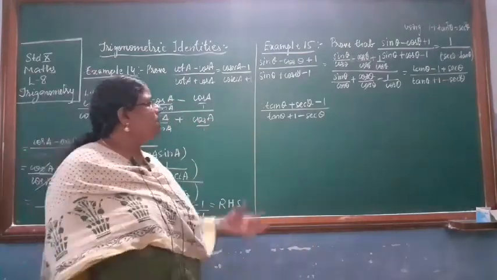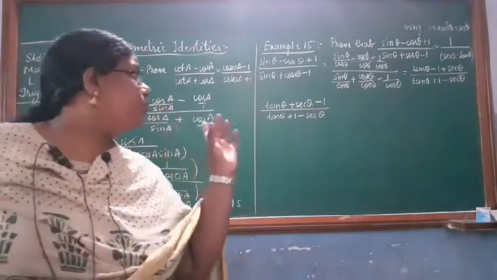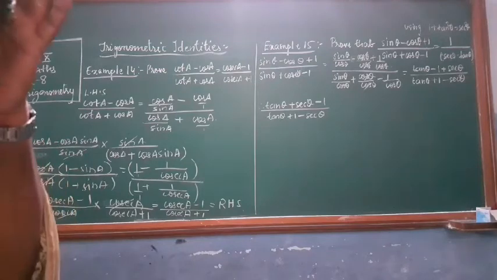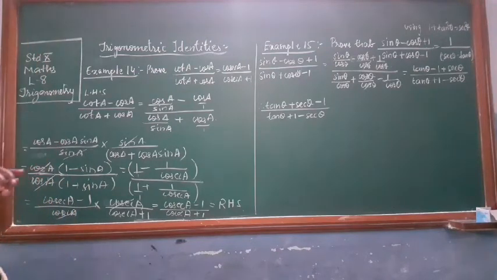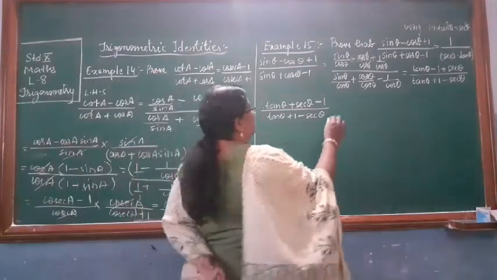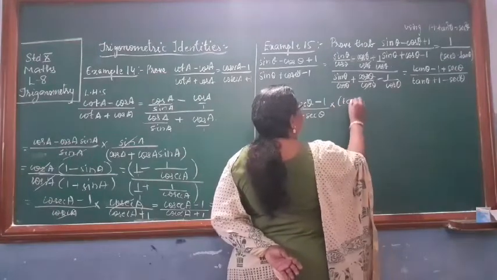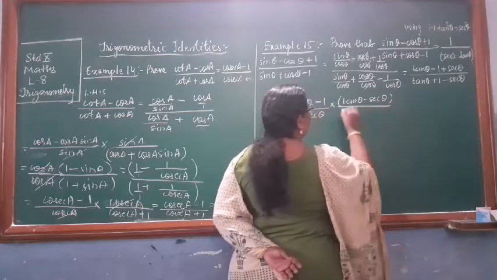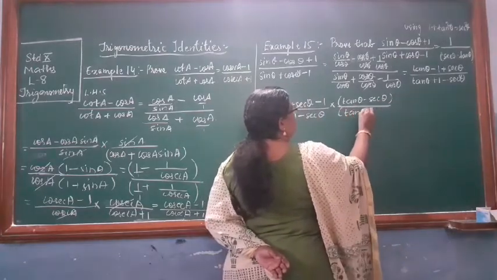Now this term which you have written in your LHS, you should multiply it by tan theta minus sec theta in the numerator also and in the denominator also.